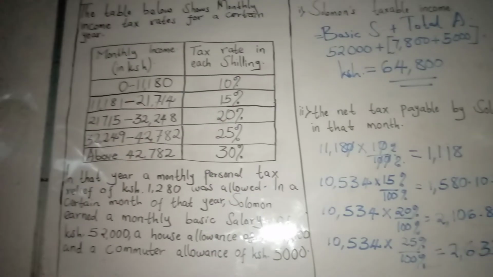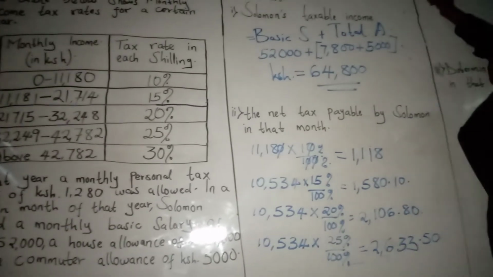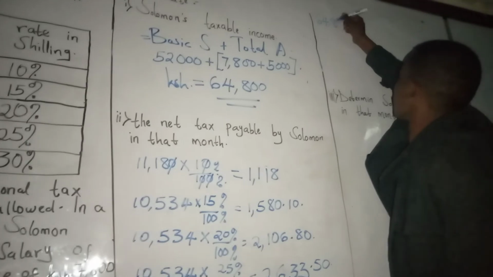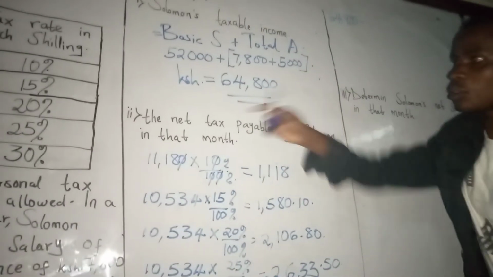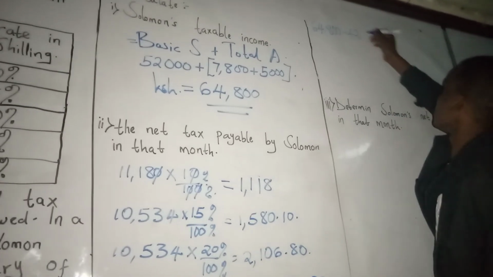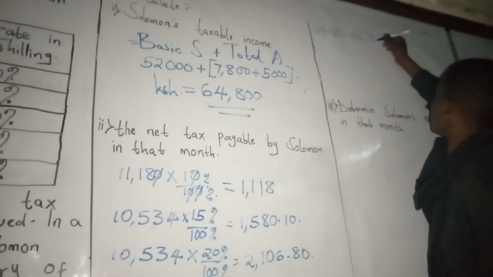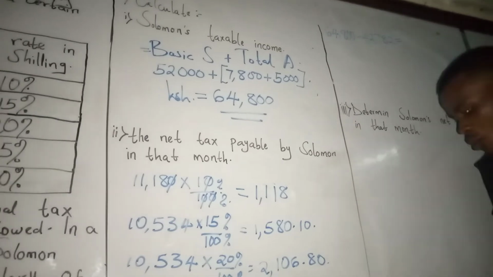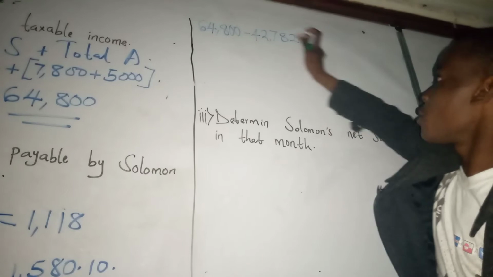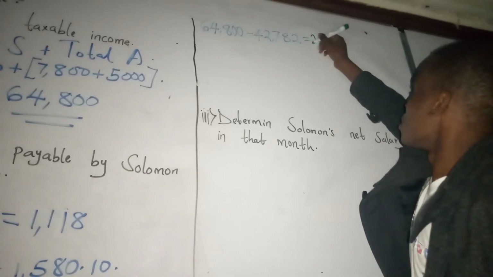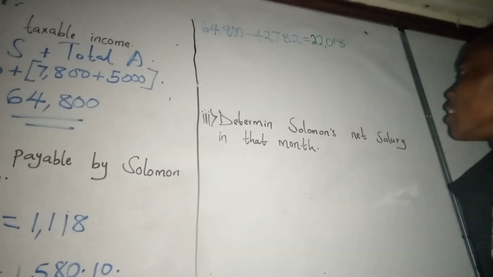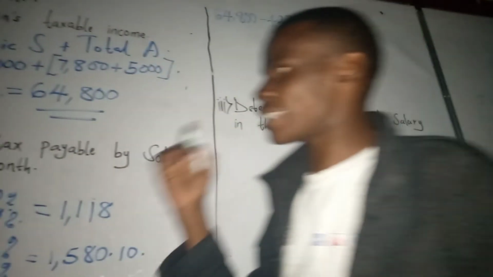So 64,800 subtract 42,782, when we subtract, we are going to get 22,018. Now we are going to use this one in the last portion.